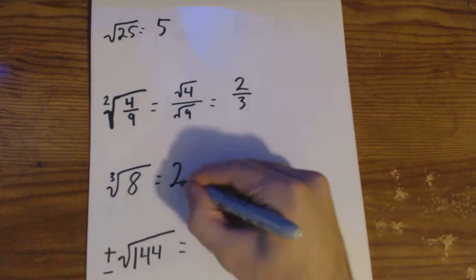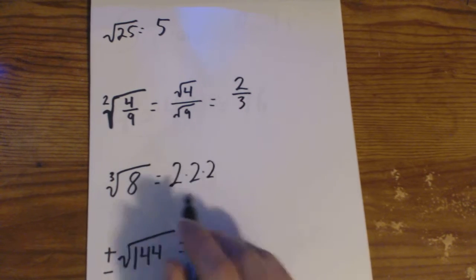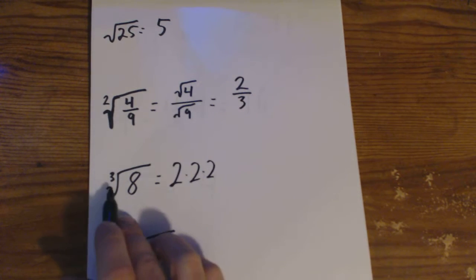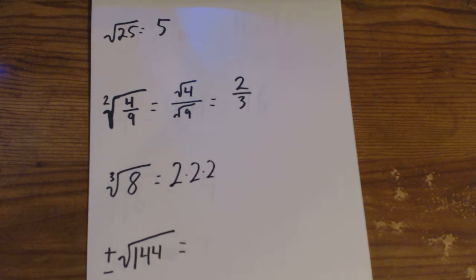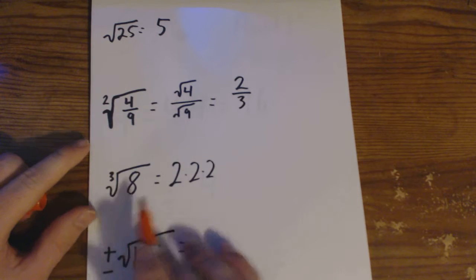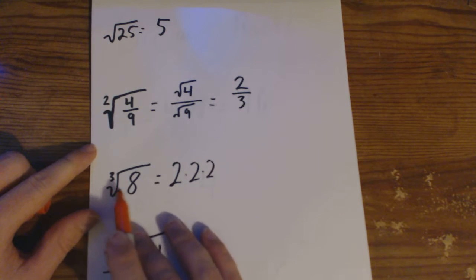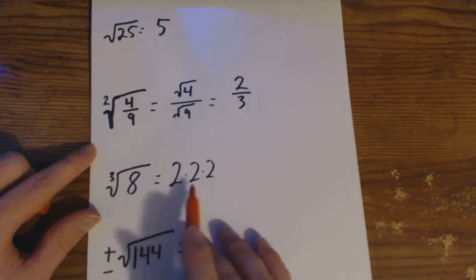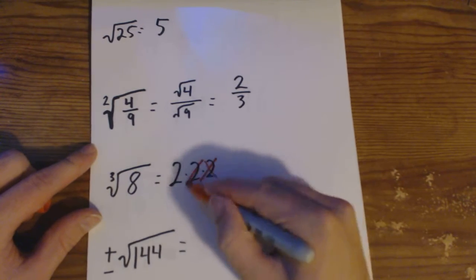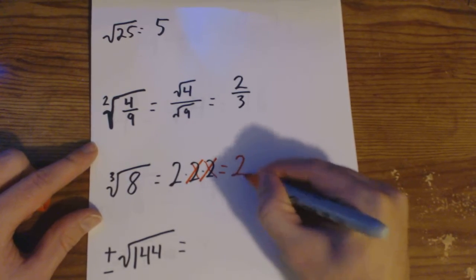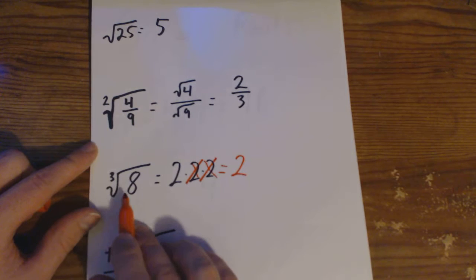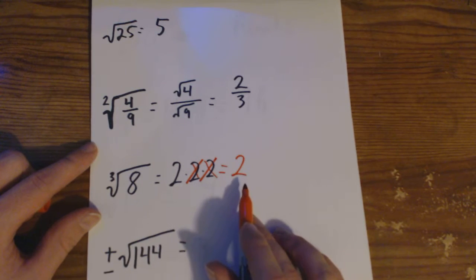Well, 2 times 2 times 2 would be 8. We're not looking for 3 2's in the way a square root would, we're looking for the single number. Our answer would just be 2. The cube root of 8 is 2.